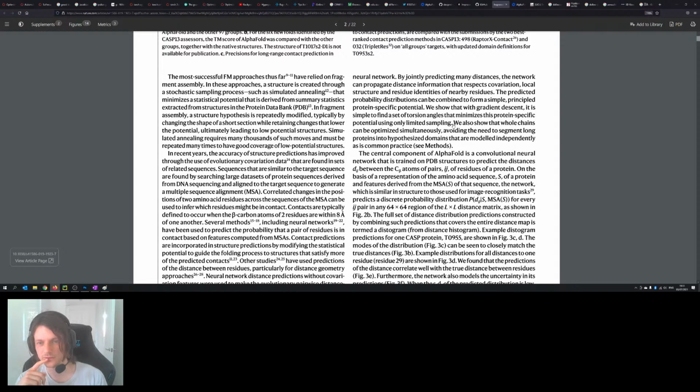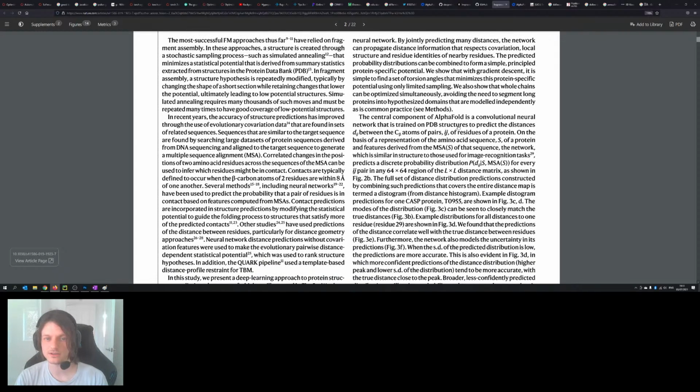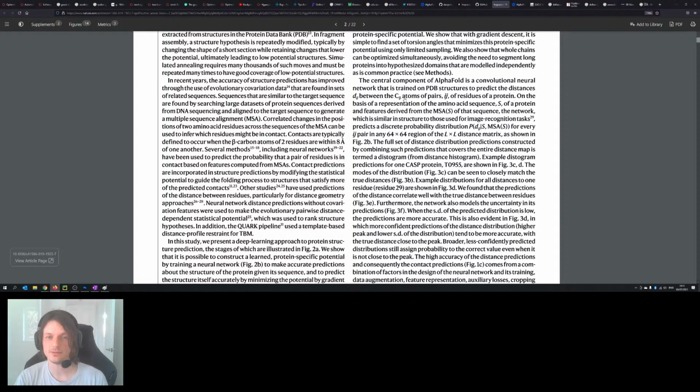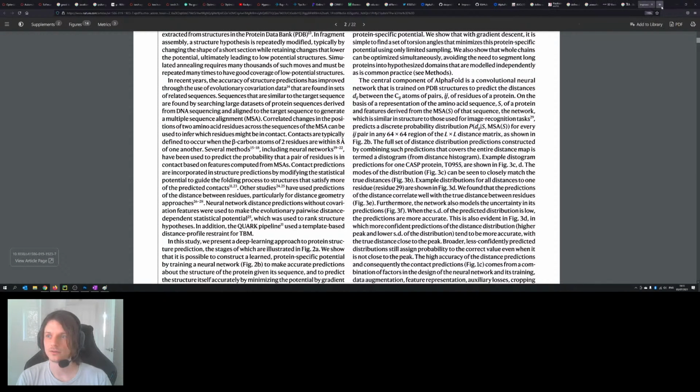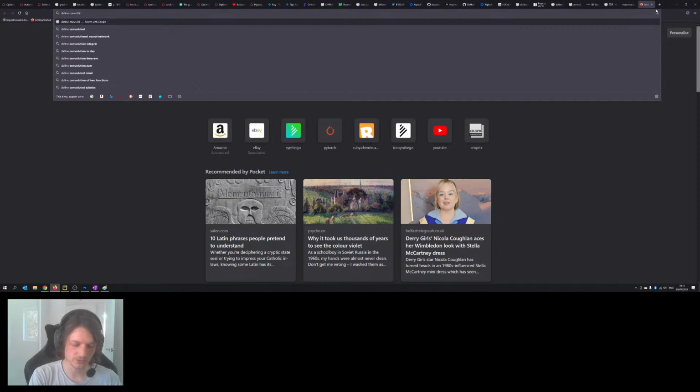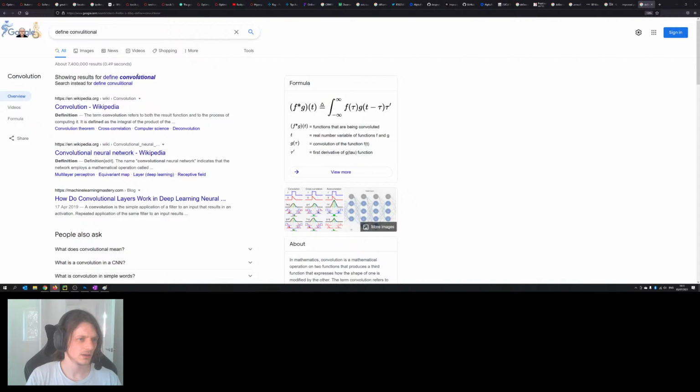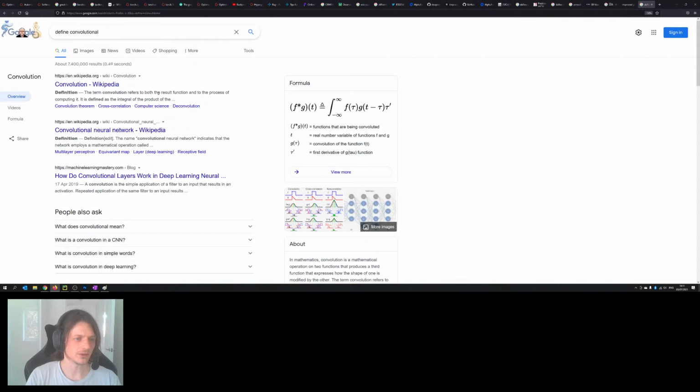The central component of AlphaFold is a convolutional neural network that is trained on PDB structures to predict the distances dij between the C-beta atoms of pairs ij of residues of a protein. Convolutional refers to both the resulting function and to the process of computing it.